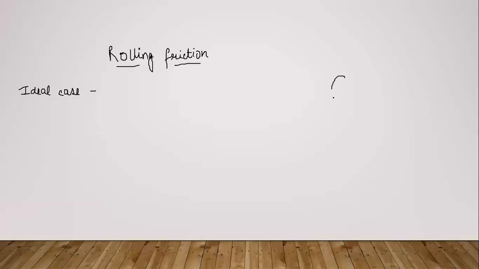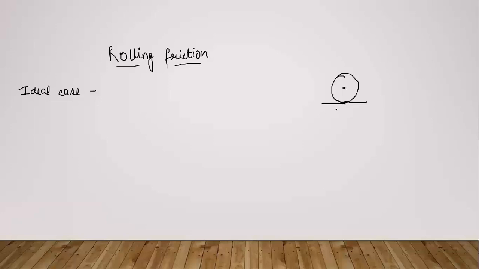Suppose this is a circular wheel and it's simply rolling. It's not slipping. Slipping means it's moving ahead or moving back. It's simply rolling at its own position. So in the ideal condition, see, this is the point of contact. So the single point of contact is there, and so there is no relative motion happening here.